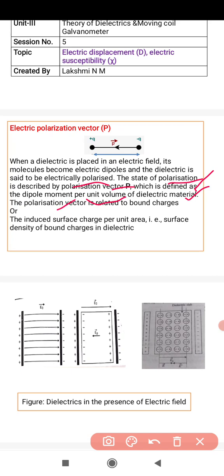This polarization vector is related to what? Bound charges. The polarization vector is also defined as the induced surface charge per unit area, that is, the surface density of the bound charges in the dielectric material.